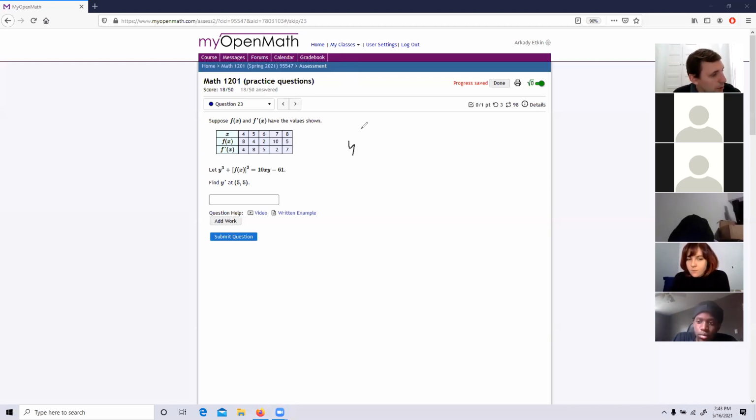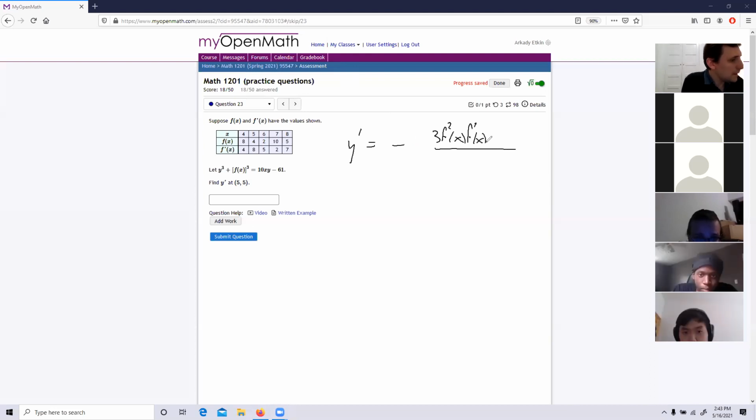We know that y prime is equal to minus 3 f squared x times f prime x minus 10y, and on the bottom we have 3y squared minus 10x, and we plug in the particular values, right?